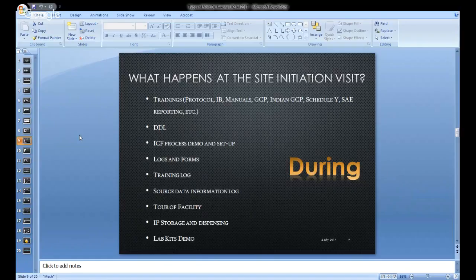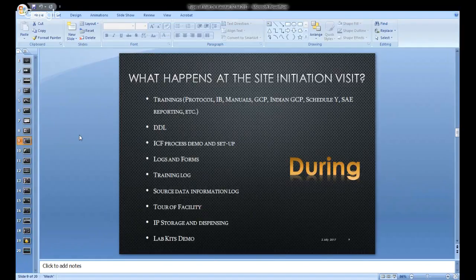SAE reporting, again a very important parameter. Let's have a brief refresher on what are SAEs. The five parameters that we talk about for an adverse event: death, life threatening, congenital anomalies, hospitalization or prolongation of hospitalization, and persistent disability.